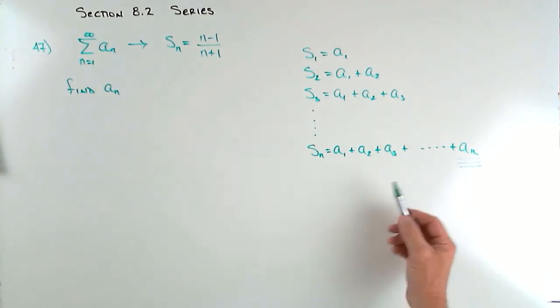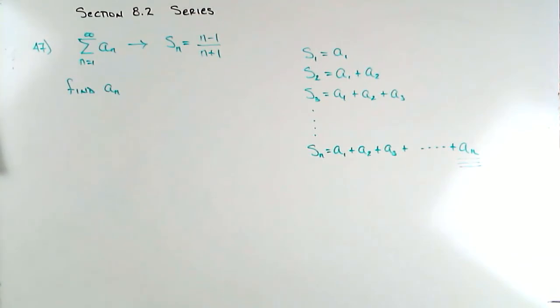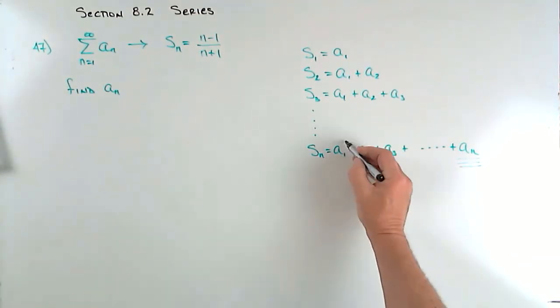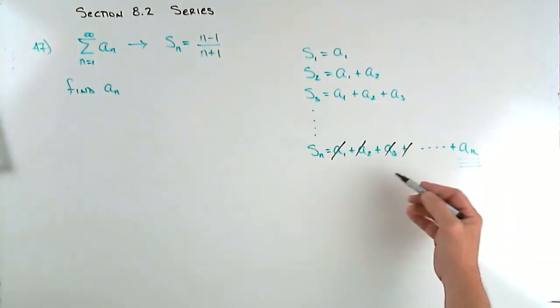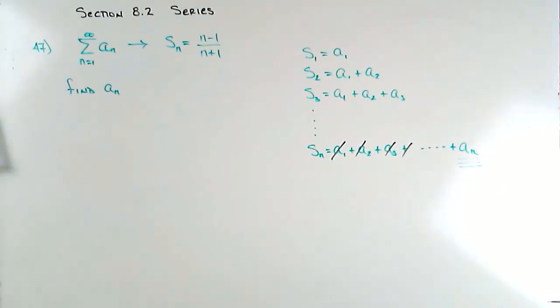So we need to solve for this. In other words, we need to come up with a way to make all of these disappear, so the only thing left is A sub n.